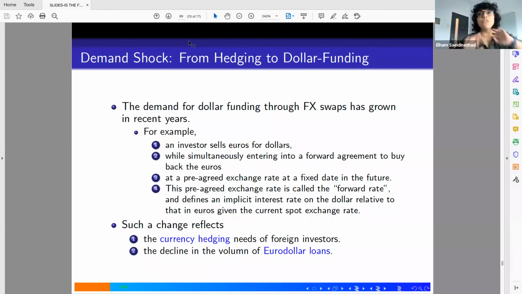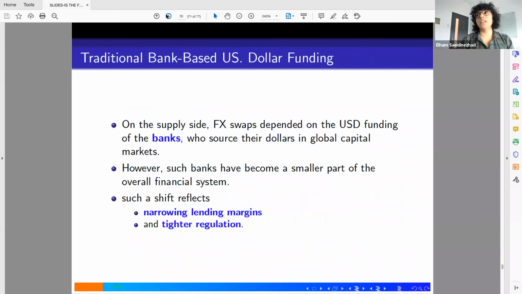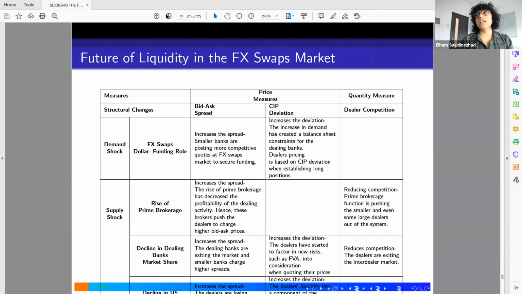If I want to conclude everything that we discussed, this table tries to conclude it, but all these factors that we have identified are going to systematically increase the spread in the FX swap market, which means they are going to systematically reduce liquidity both in the FX swap market and the global dollar funding market.